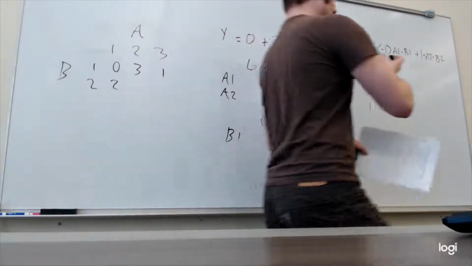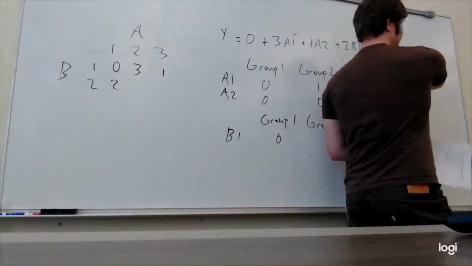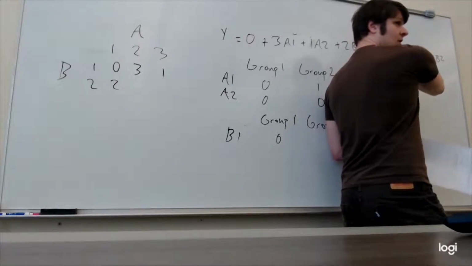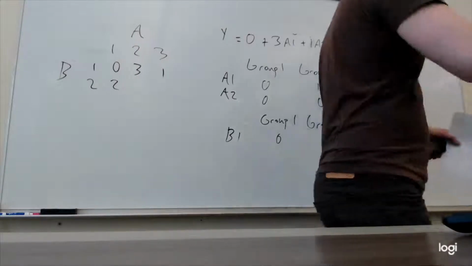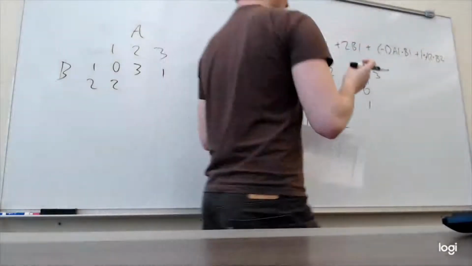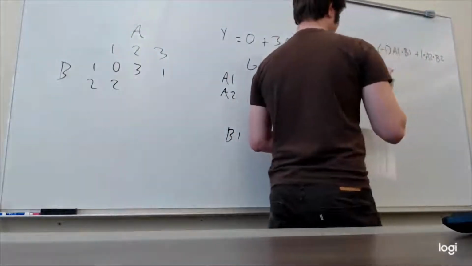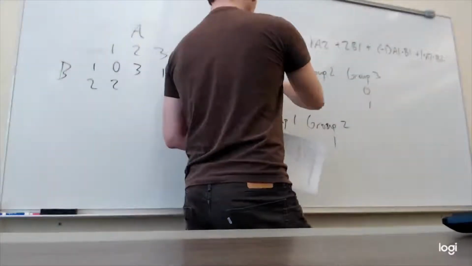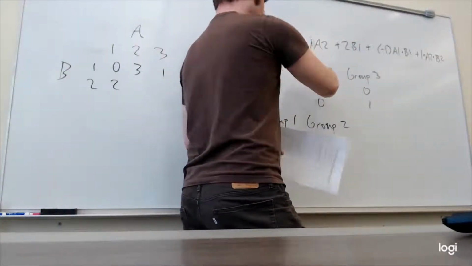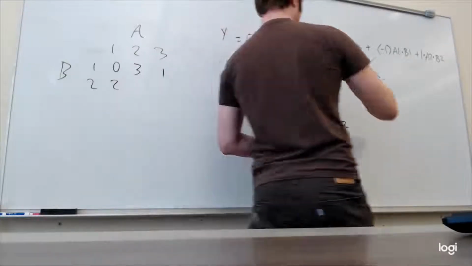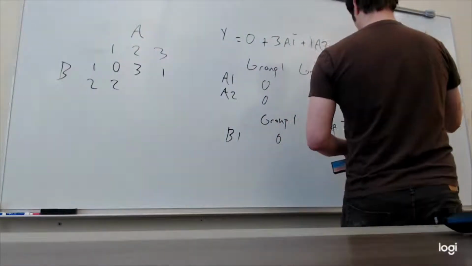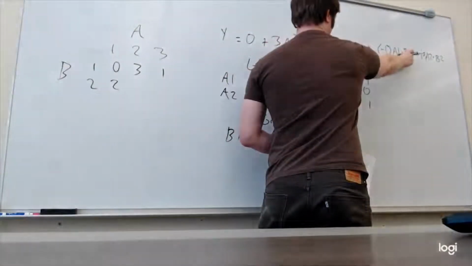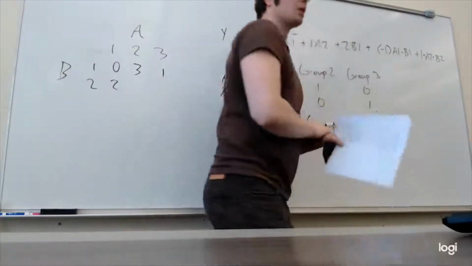So one way to understand this is it tells you if I change B, what happens to the coefficient for A1. That's one way. The second way is it tells you what happens to the coefficient for B as I change on A1, as I go from group 1 to group 2 of A. So as I go from group 1 to group 2 of A, the coefficient for B1 decreases by 1.